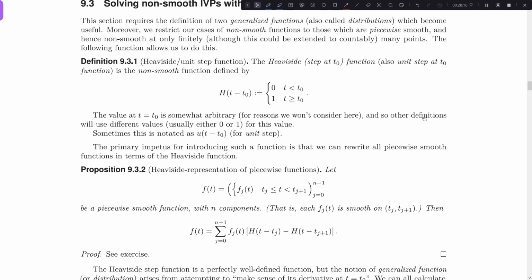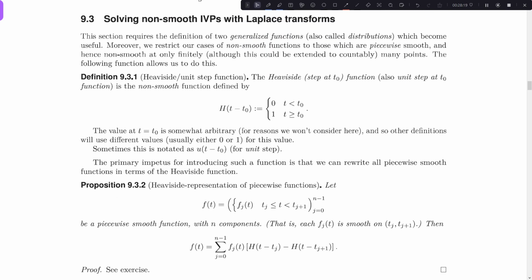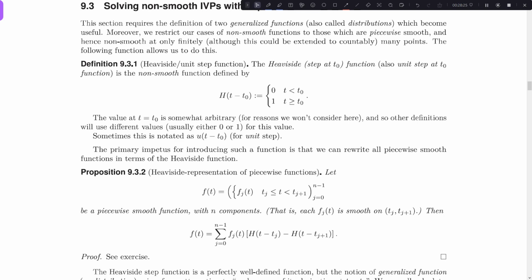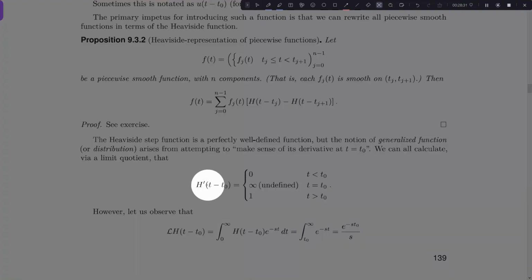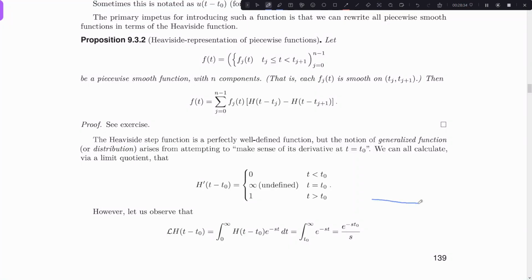So here's a really interesting thing. If we're using non-smooth functions in differential equations, what does it mean to take the derivative of this thing, which you'll recall was 0 and then 1, with the jump at t naught?